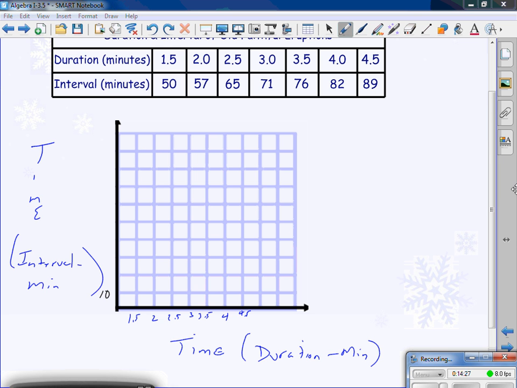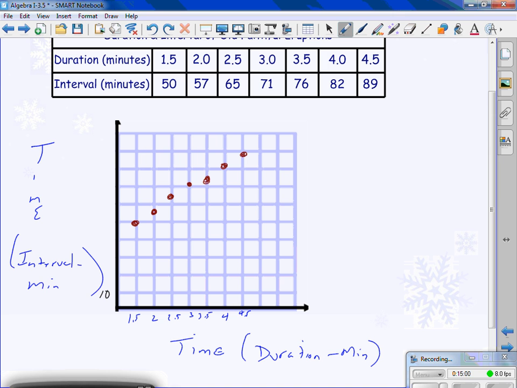At 1.5, it's 50. 10, 20, 30, 40, 50. At 2, it's 57. At 2.5, it's 65. At 3, it's 71. 3.5, 76. At 4, 82. 4.5, 89.